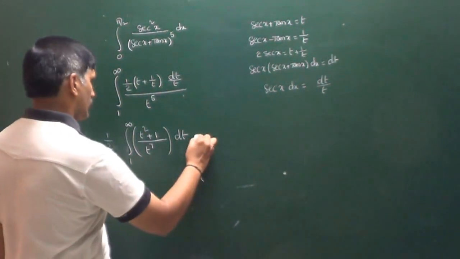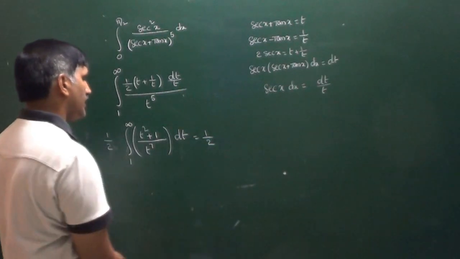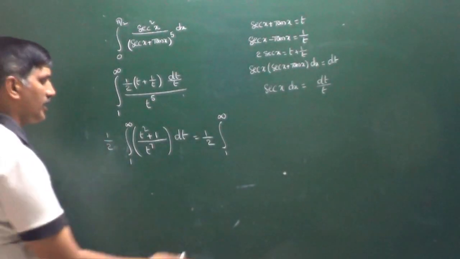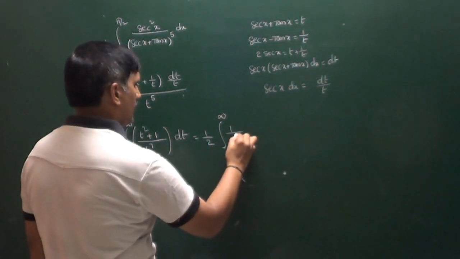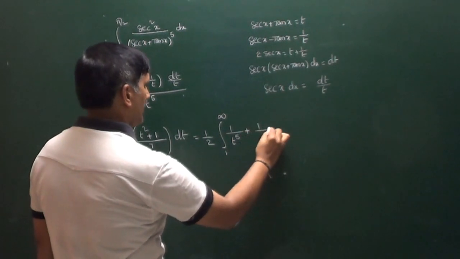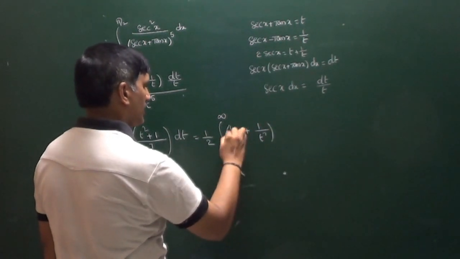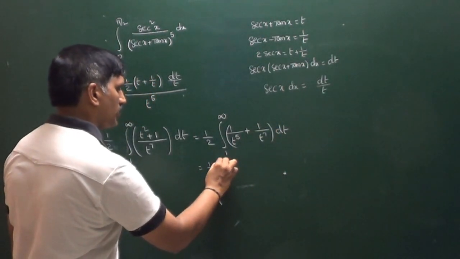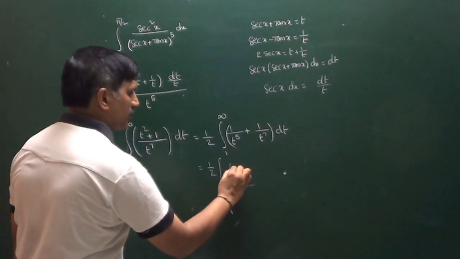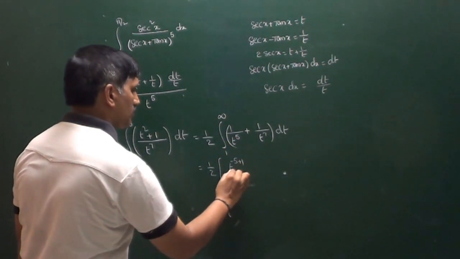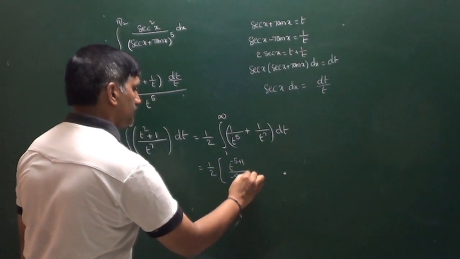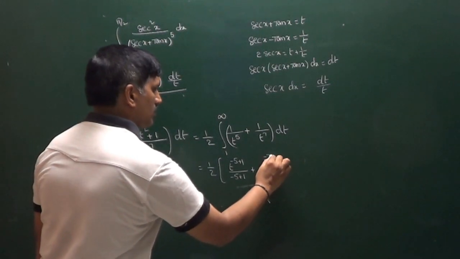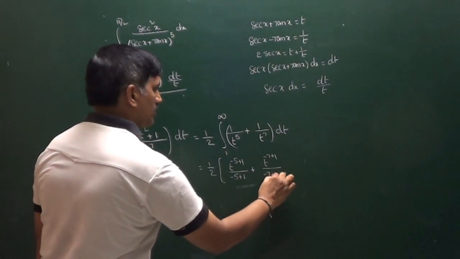Now further simplification: 1 by 2 into integral 1 to infinity of (1 by t power 5 plus 1 by t power 7) dt. Now that simplification is 1 by 2 into t power (minus 5 plus 1) by (minus 5 plus 1), plus t power (minus 7 plus 1) by (minus 7 plus 1).